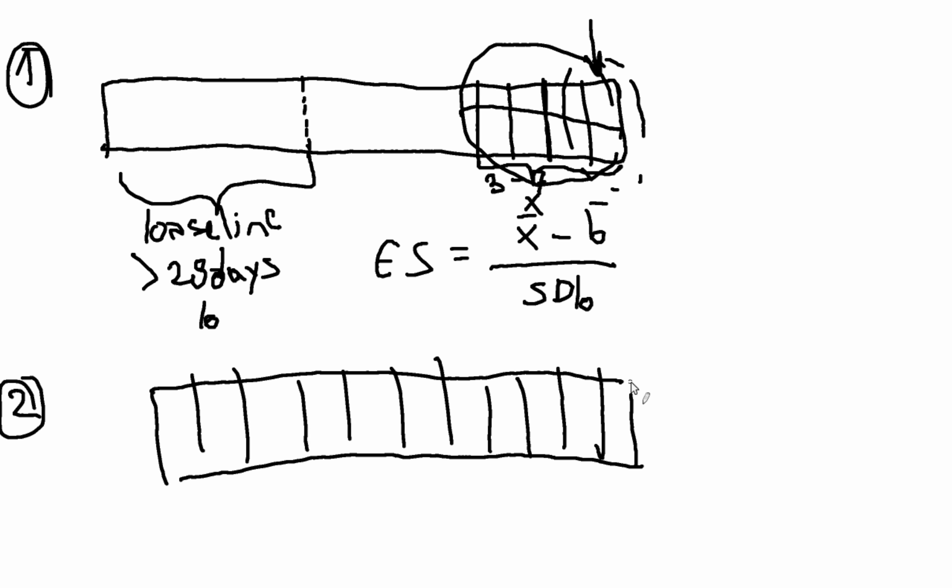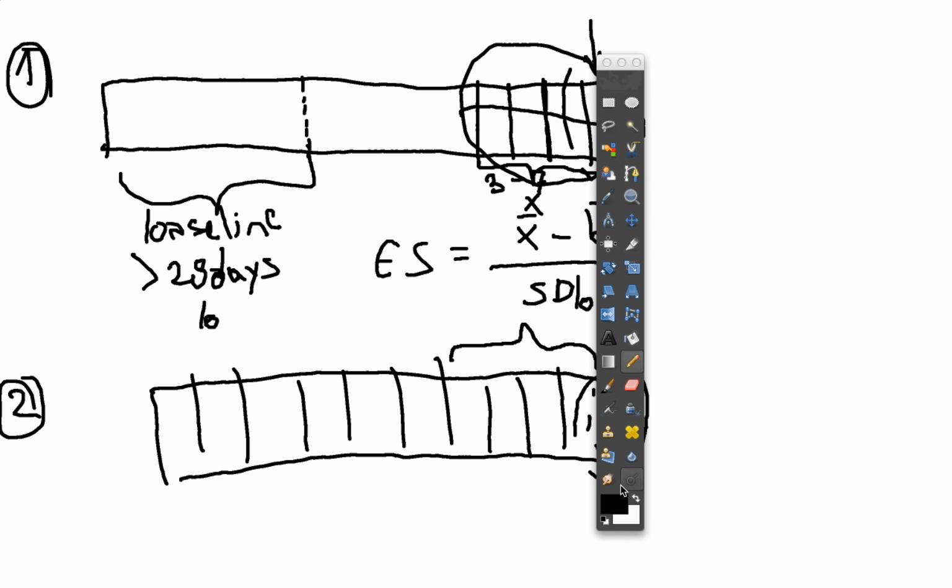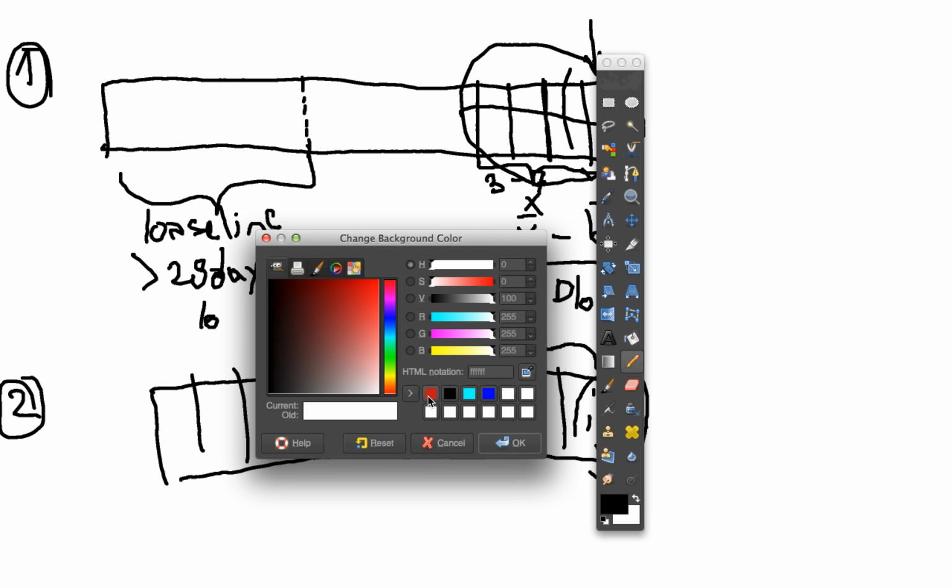So for this guy, what we can do is we can also provide as a parameter the training load in the preceding days. Let me just select another color.